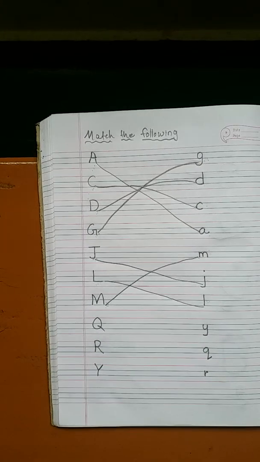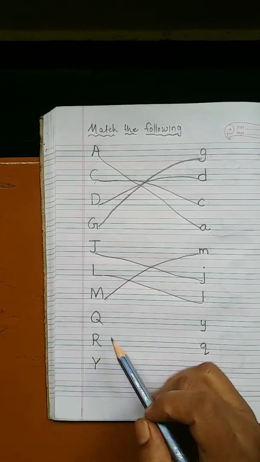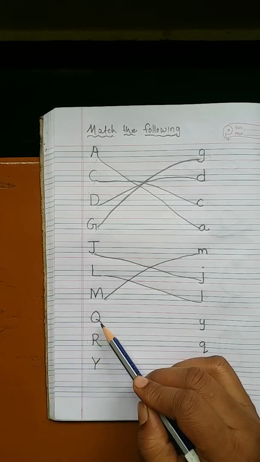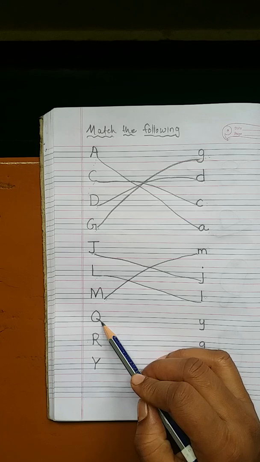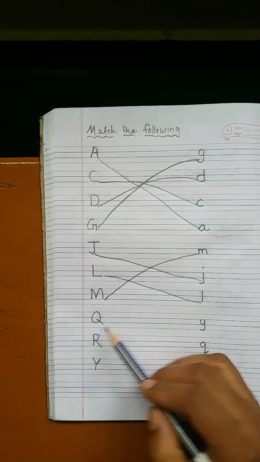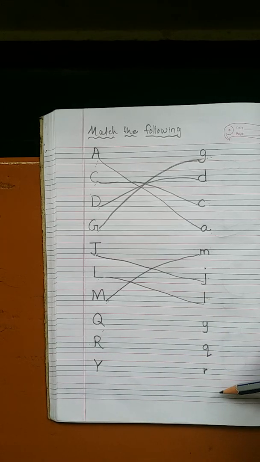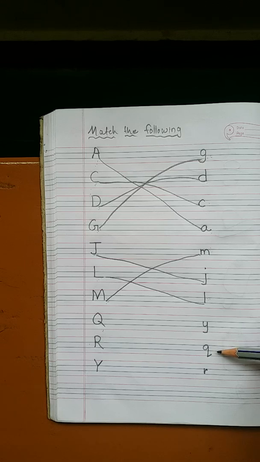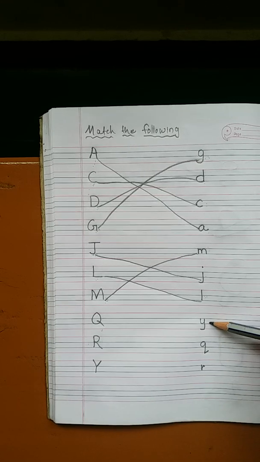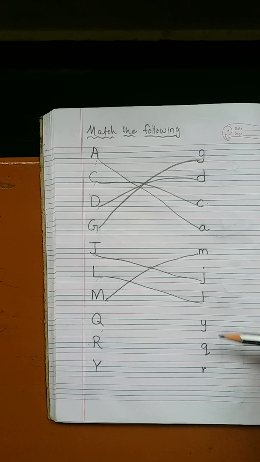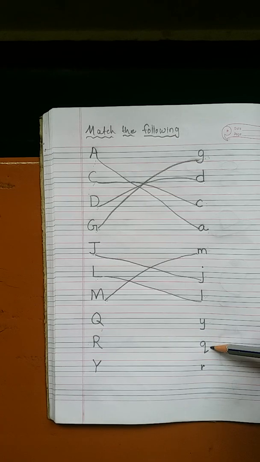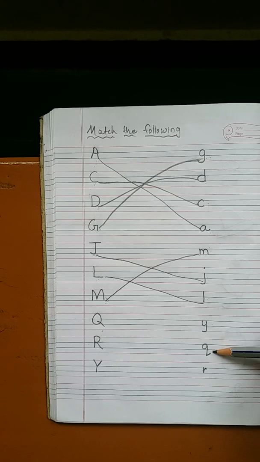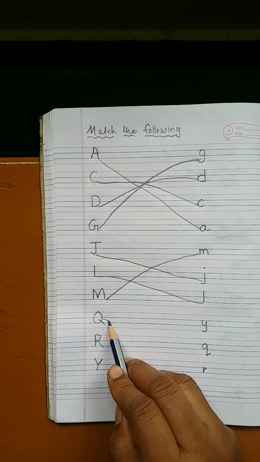I hope it is easy for you. And see, this is capital letter Q. Capital letter Q. And here we have to find out small letter Q. Is it small letter Q? No. Is it small letter Q? Yes, this is small letter Q. So, draw a line.